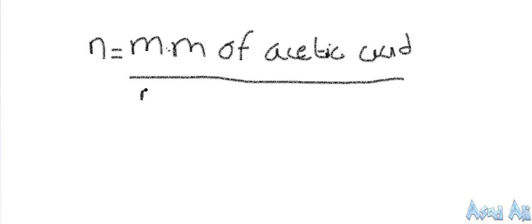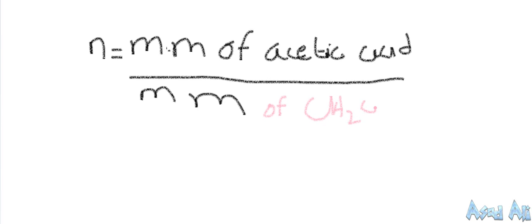So to determine it, we will write n is equal to the molecular mass of acetic acid over the molecular mass of CH2O.